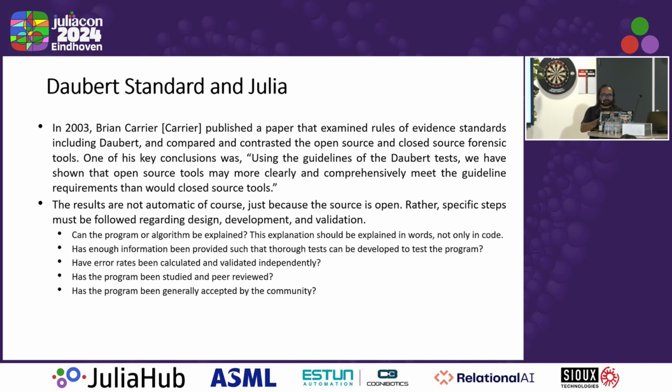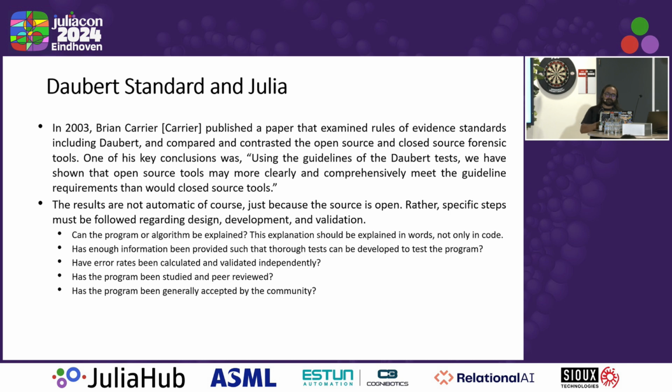Now when we map the previous illustrative factors to programming languages, especially open source programming languages, it can be Julia, it can be Python, it can be any other open source programming language. Here, again, we have to ask the same illustrative factors with respect to the programming language. Can the programmer's algorithm be explained?